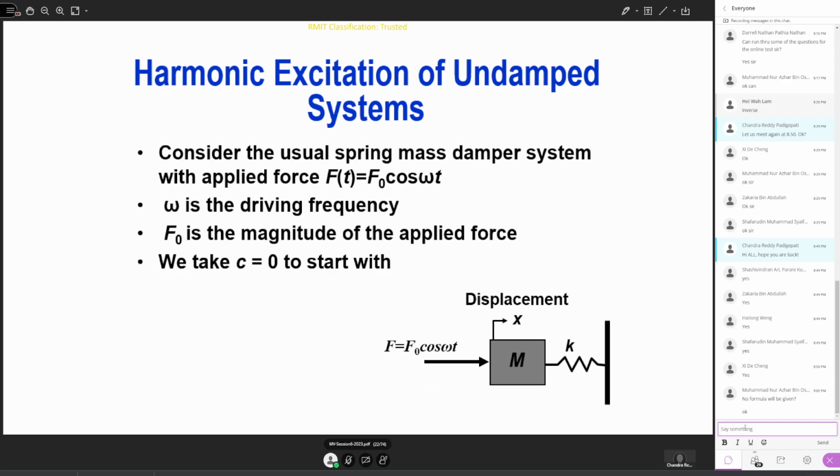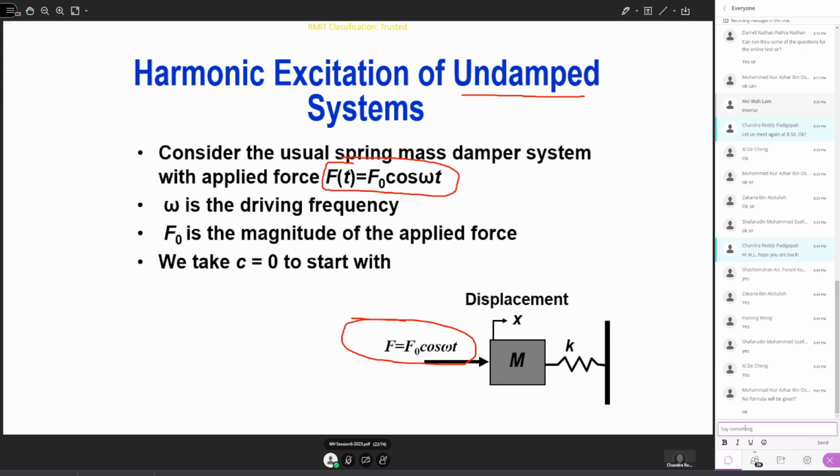Okay, so the next thing is the mass and spring system, where there is a force acting on the system. This is without a damper, so it is an undamped forced vibration. We choose the force as also a harmonic function.